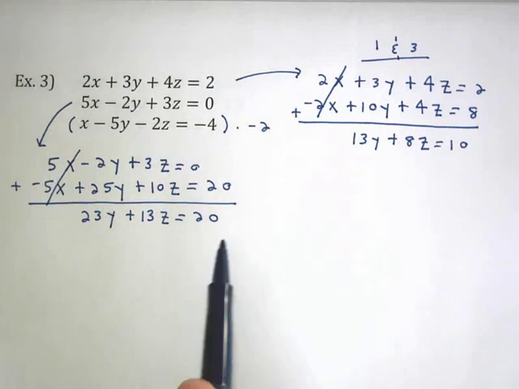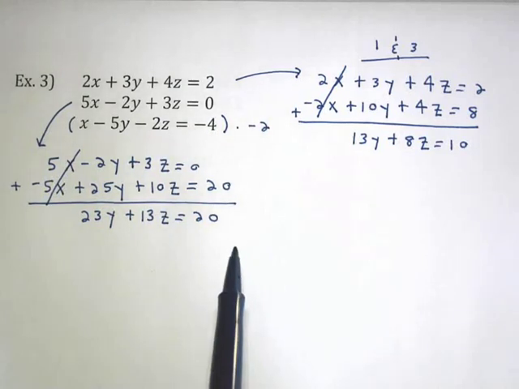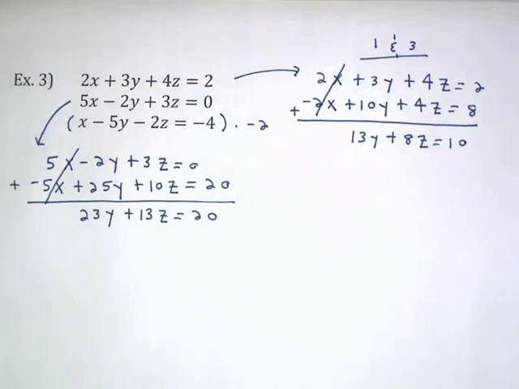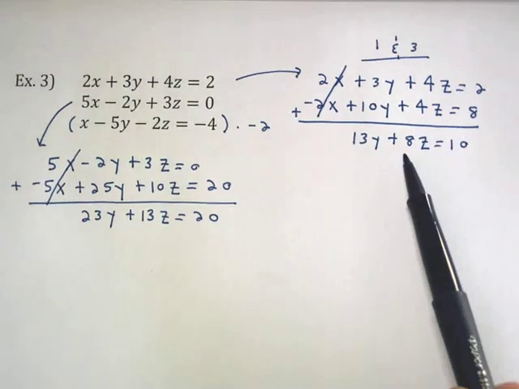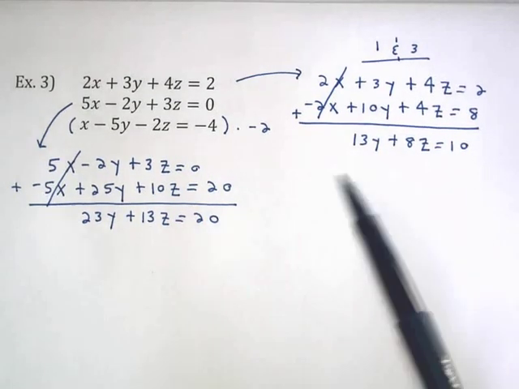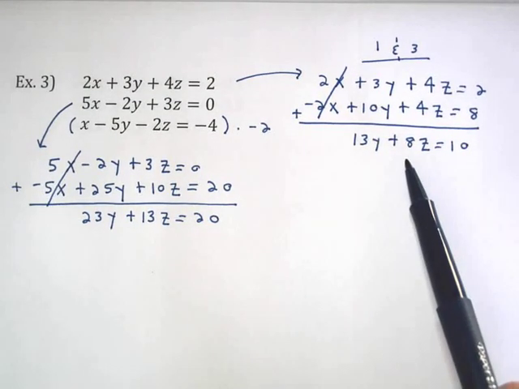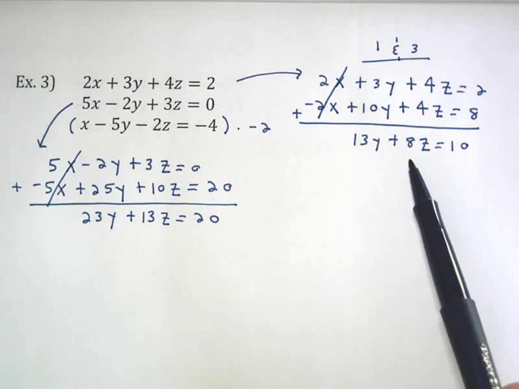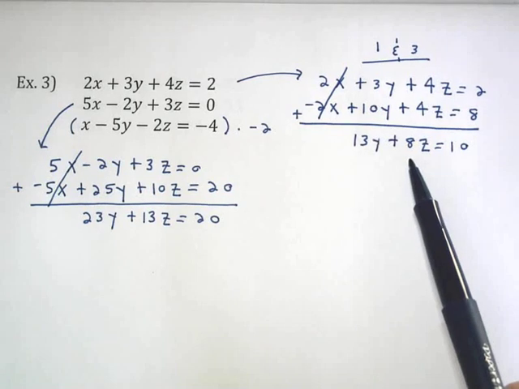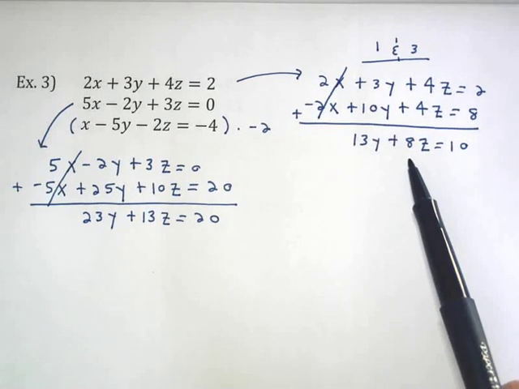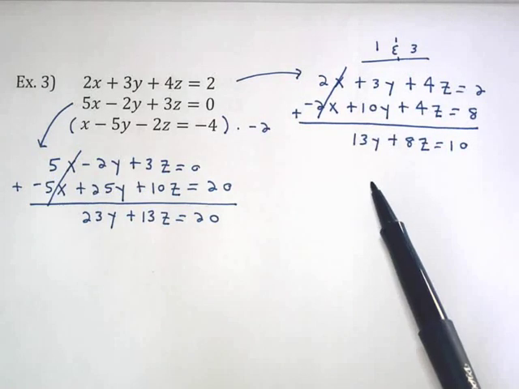Now, unfortunately this time I'm going to keep working with these two equations here, and it's not quite as nice and neat in terms of multiplying and getting your opposites, but I think it's going to be easiest to create opposite z's, and the way I'm going to do that is to turn them into 104z and -104z, just because that keeps things a little bit smaller than the other option.